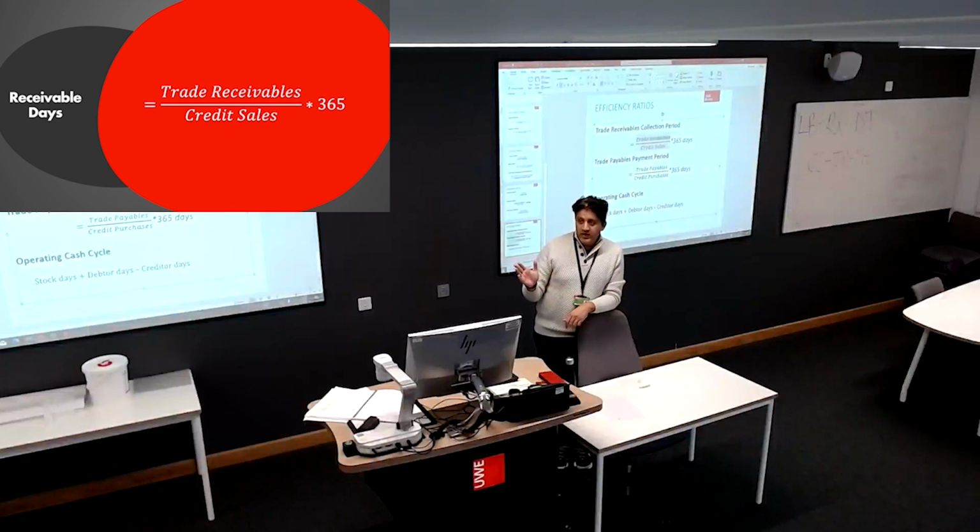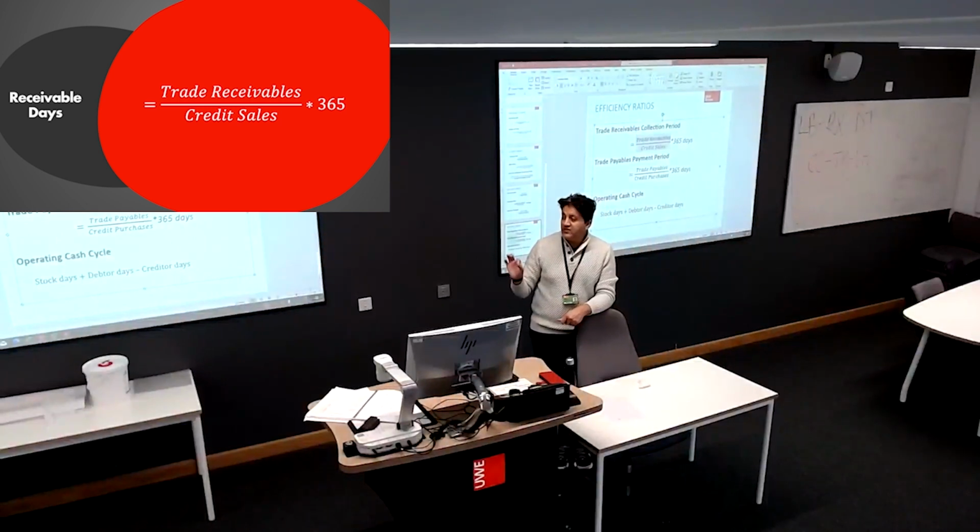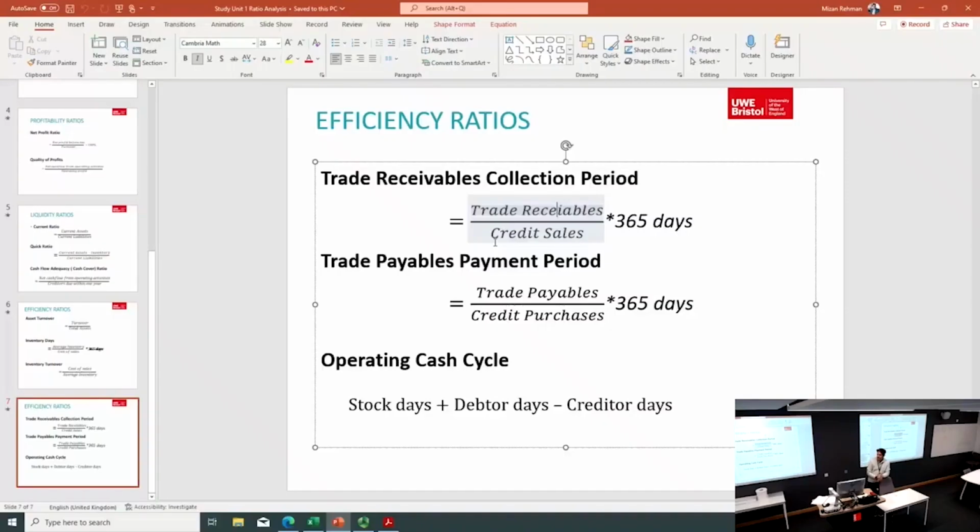So you can decide, but I think there's one more test which should be carried out before deciding if this ratio is relevant for a company or not. And that is, if they have trade receivables in their balance sheet, then they do sell on credit. So let's check that out first for M&S.